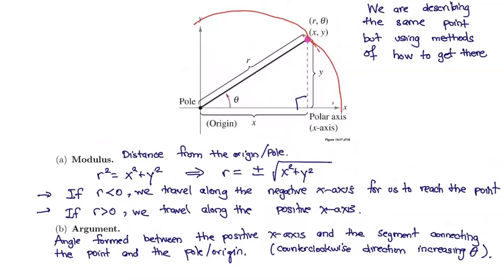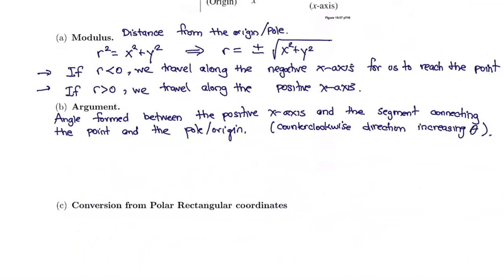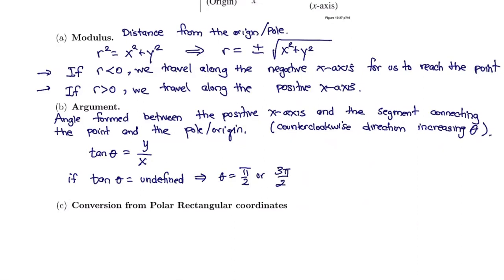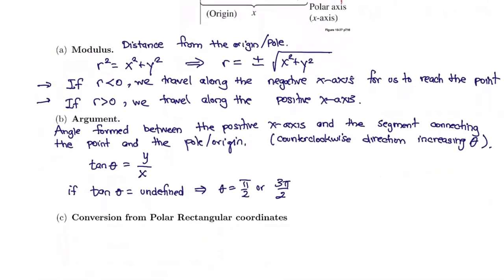And so we can see, looking at our picture, that there is a relationship we can find between theta, x, and y. In particular, we know that the tangent of theta will equal the rise over the run, or y over x. And if you ended up with the tan of theta equaling something undefined, this would simply imply that theta was either pi over 2 or 3 pi over 2, because along those axes, that is where the x values are going to be 0.